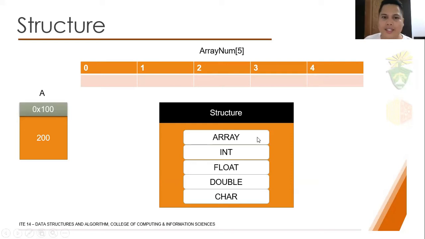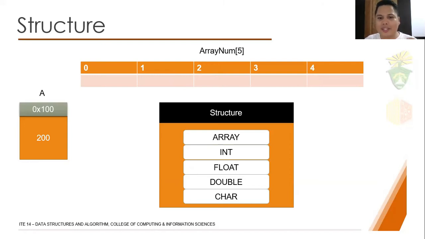So structure is another user-defined data type or data structure wherein you can group, meaning it can store multiple values. What's nice is that later on you will see that a structure can also be made into an array.